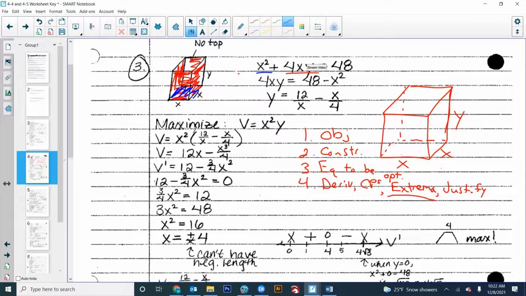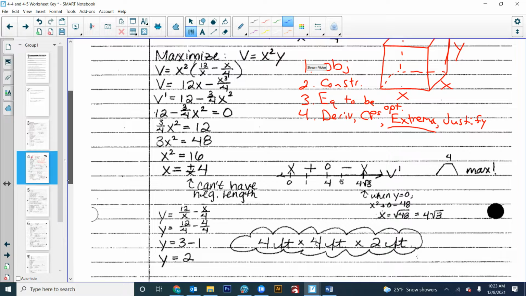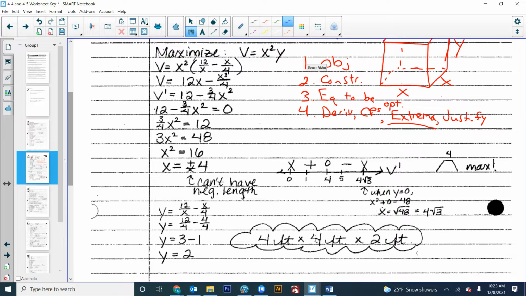Other questions on the process? So the dimensions for this one were 4 by 4 by 2. Should be what? 32 cubic feet?